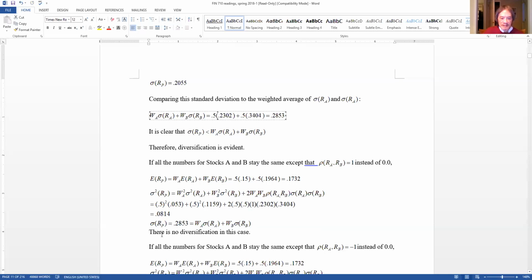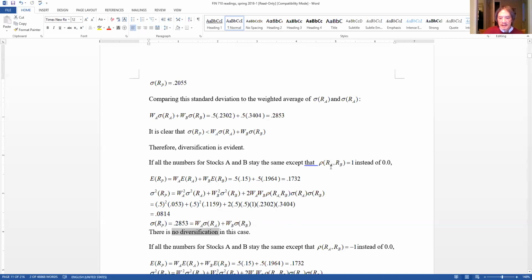So there's no diversification. In other words, if the correlation between the two assets is equal to 1, then there's no diversification. This is understandable because if the correlation is equal to perfect 1, then A and B always move together.